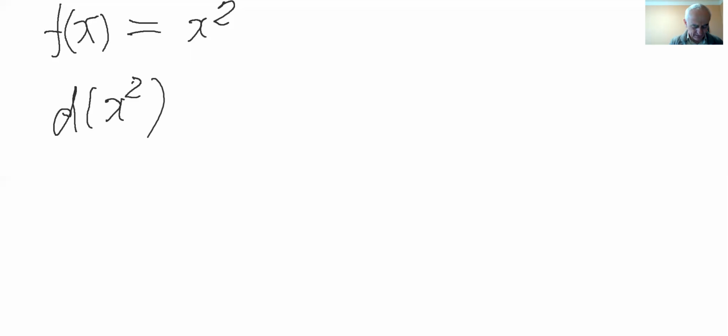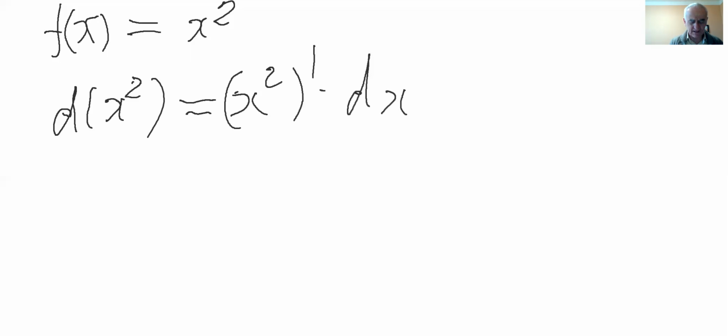And d(x squared), or the differential of the function, equals the derivative of the function multiplied by dx. dx is called the differential of x. And now we can find it. The derivative of x squared is 2x, and it's 2x times dx.